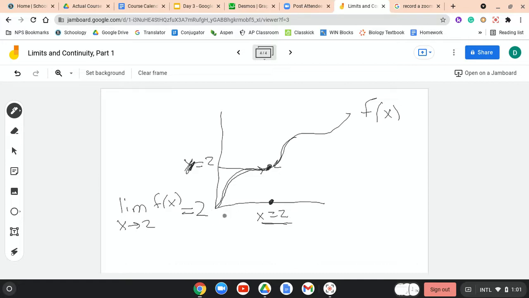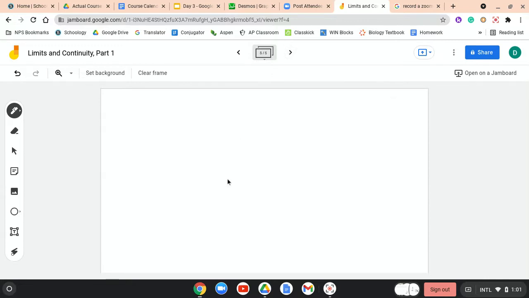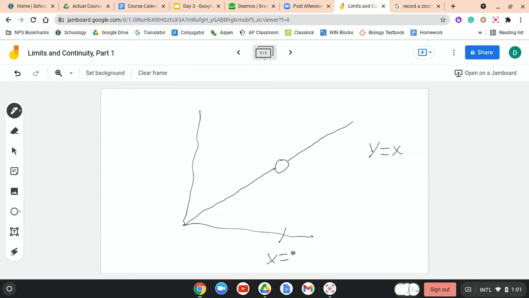All right, this is a pretty introductory example. I will note with another example, and I'm going to use a linear function to describe this, that the actual value of the function at a certain point doesn't matter. Let's say we're doing y equals x as the function we're evaluating, and this is x equals 3.